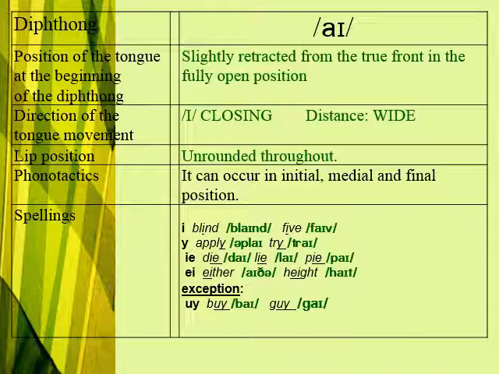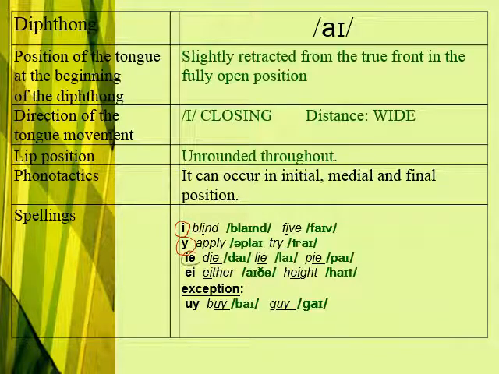Let's have a look at the most common spellings. The most common spelling is the letter I, as in blind and five. You also find diphthong /aɪ/ in the letter Y, as in apply and try.